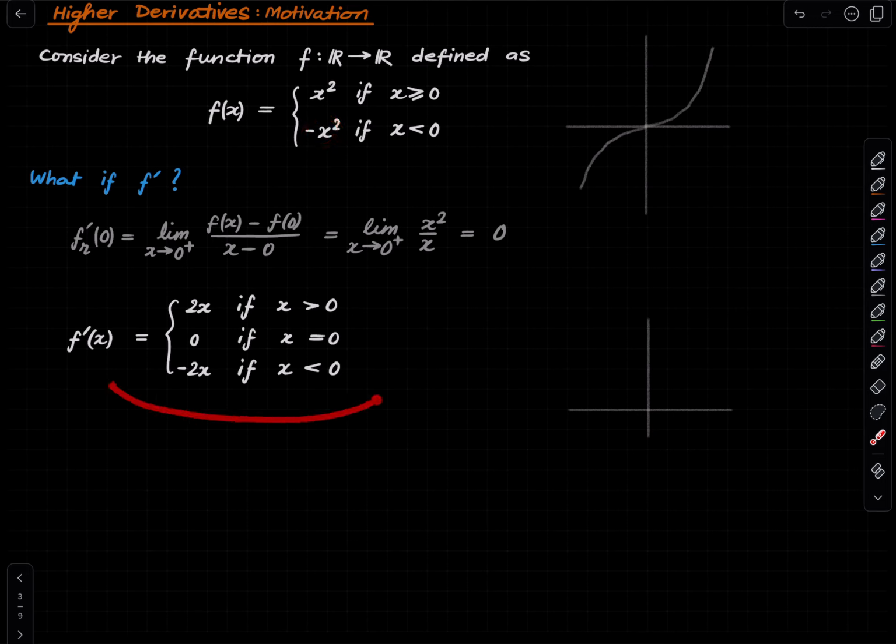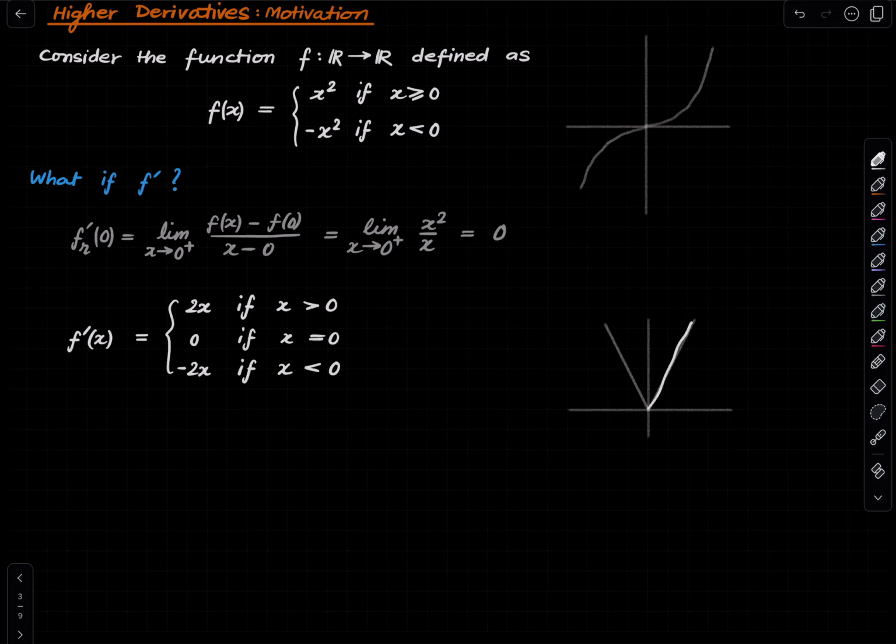So what is the graph of f prime? f prime is a bona fide function from reals to reals. What is the graph of f prime? So since we know the exact definition, the graph is this. Again, my drawing is not too great, but I'll try my best. So this is what f prime roughly looks like.